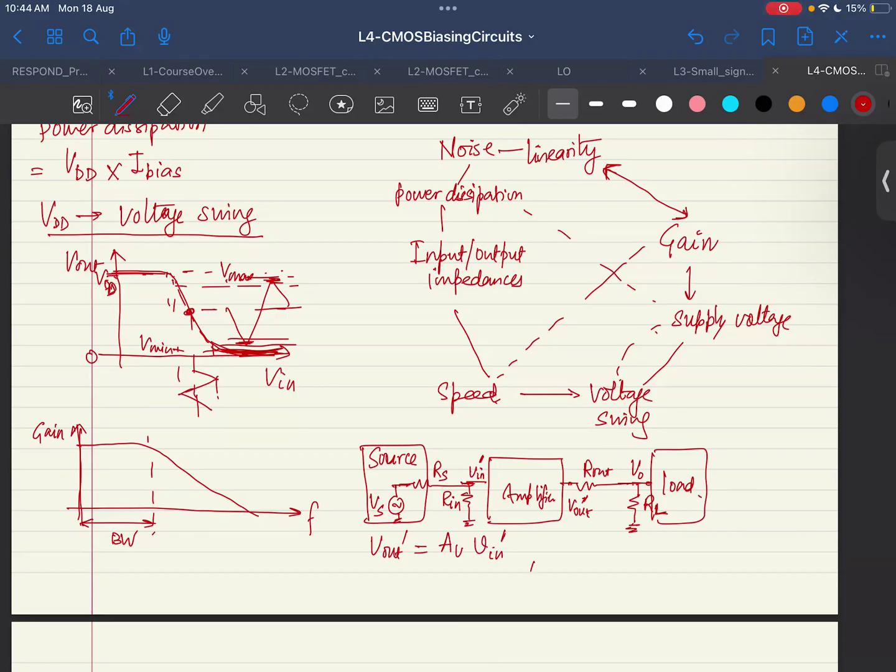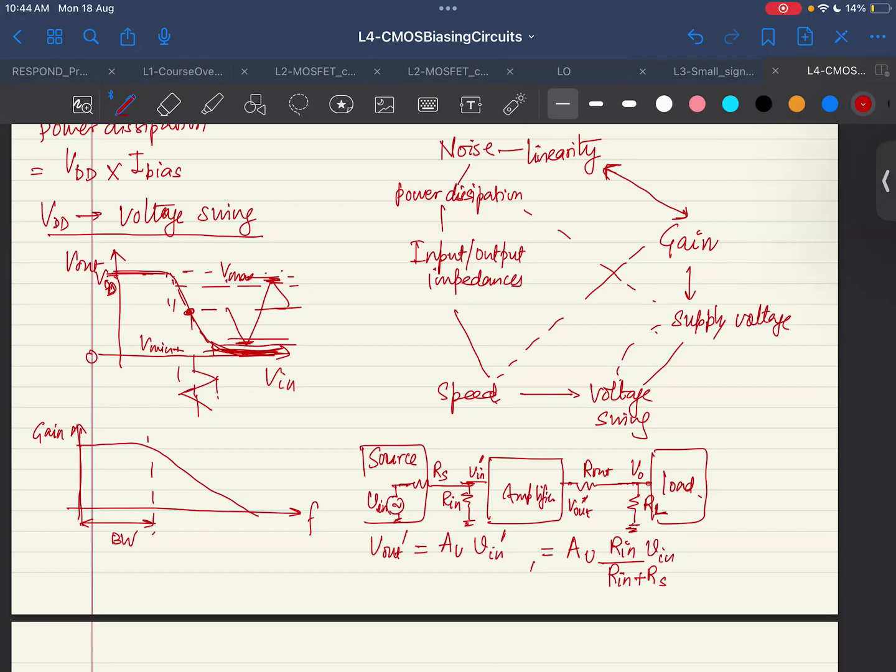Now, Vin dash, if it was described in terms of Vs, this would be Rin divided by Rin plus Rs, times Vs, or let's call it Vin, the actual Vin. Right.